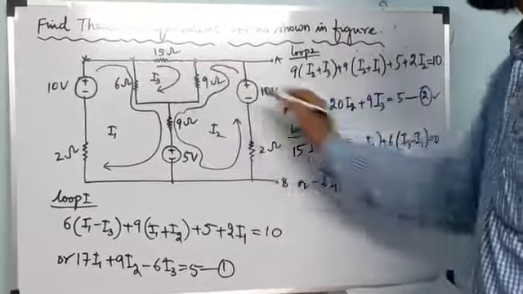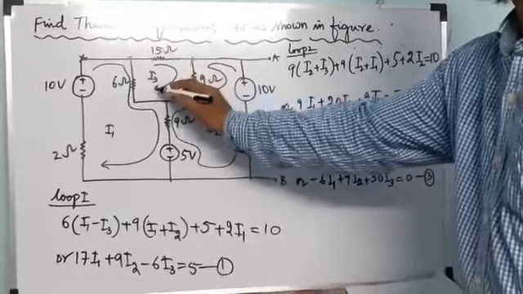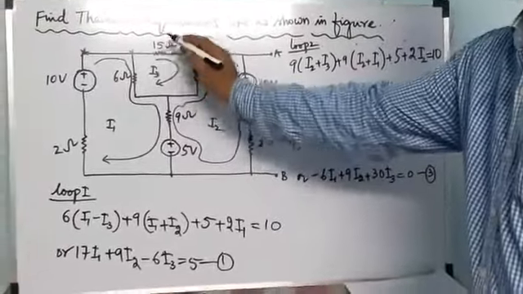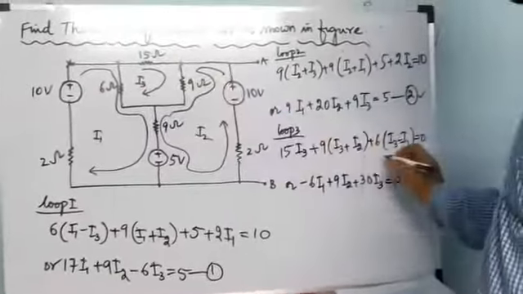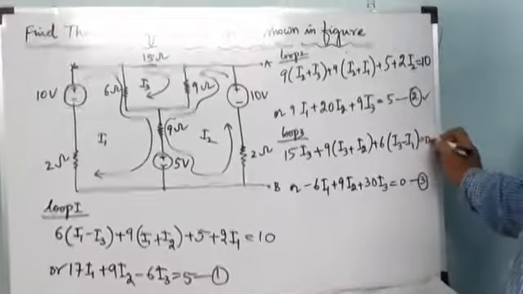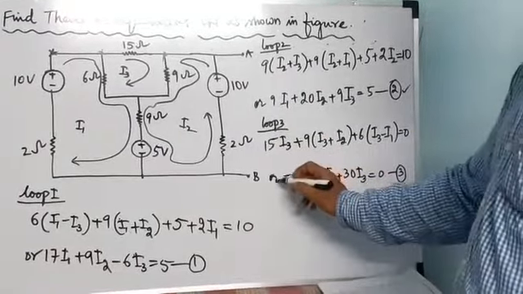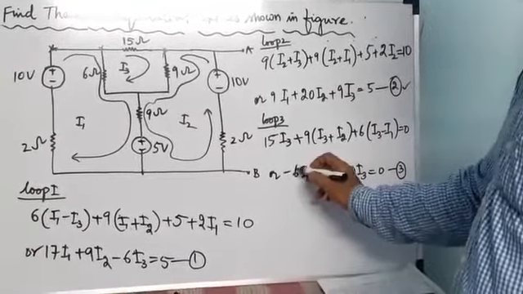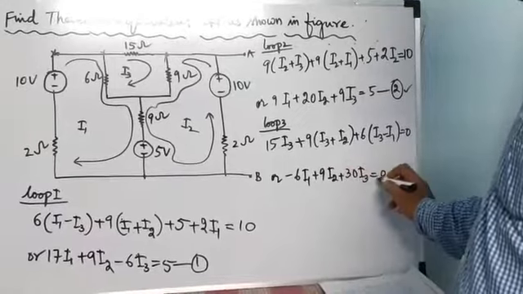I3 is first, so I3, but current I1 is downwards. Our direction is upwards, so our direction is plus, the opposite direction is minus, so I3 minus I1 is equal to 0. So no voltage source in the third loop. This equation can be arranged like this: minus 6 I1 plus 9 I2 plus 30 I3 is equal to 0.